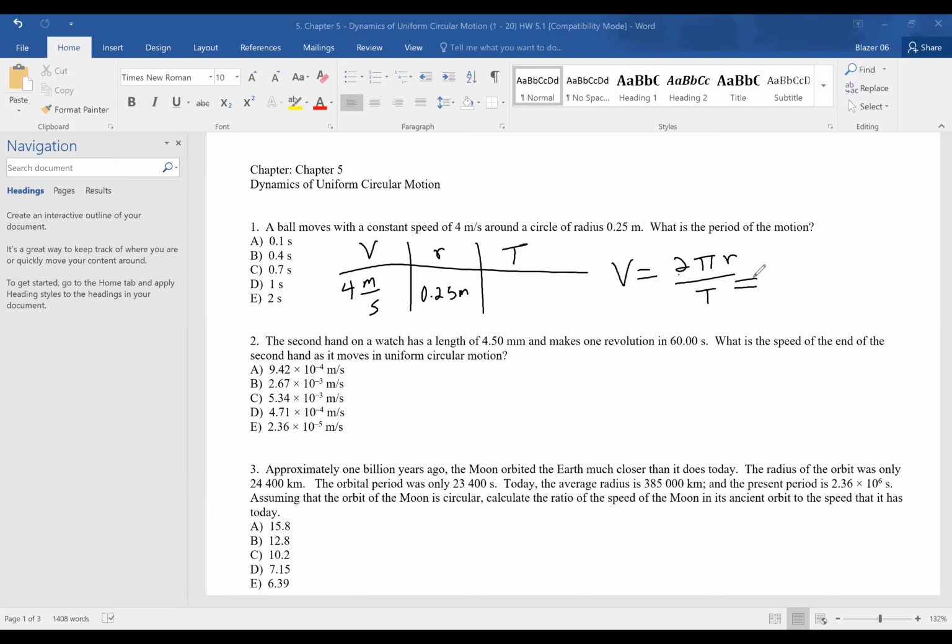So this implies that the period is 2 pi r over V. We're given R, we're given V, so we can solve for T, which is the period. Very good, Nigel. This very simple equation, we can solve it easily. Let's look at number 2.